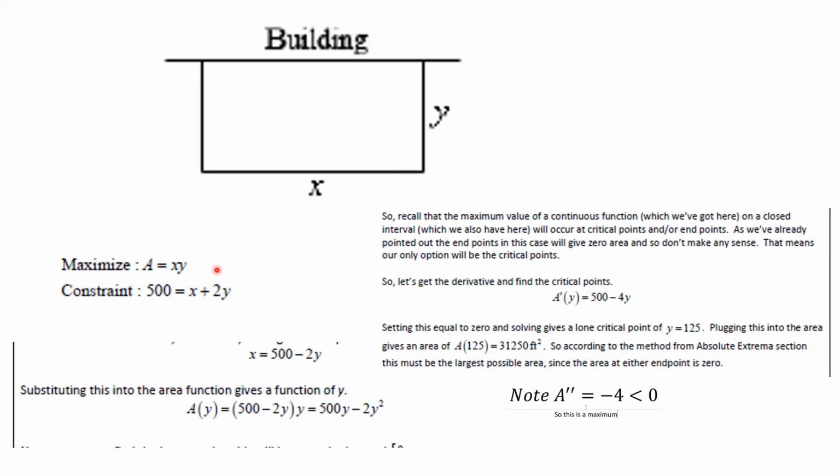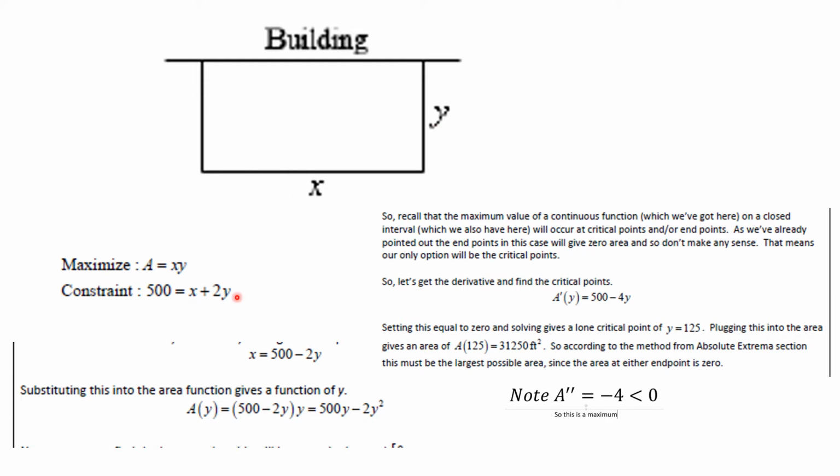Now, the problem then asks us to maximize the area, and the area of this rectangle is going to be x times y. And the constraint that we have that figures into this problem is that you only have 500 feet of fence. So we have 2y and x must add up to 500.